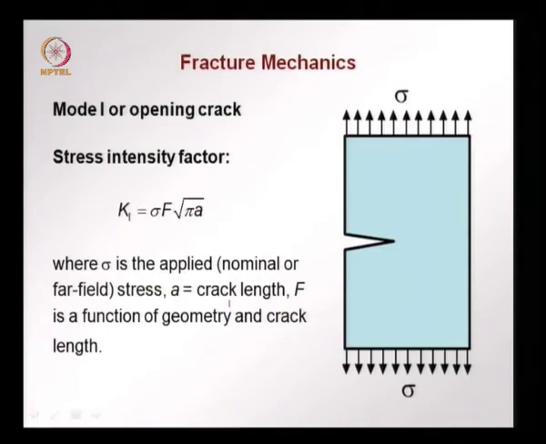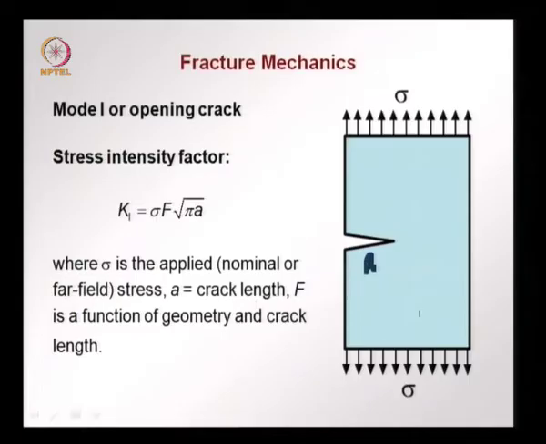How can we calculate K1? Say we have a panel here with a crack of length A, and we have a far field stress applied of sigma. K1 will then be equal to sigma, which is the applied stress, times F, which is a function of the geometry, say the ratio between the width and the length, and crack length, times square root of pi A, A again being the crack length.